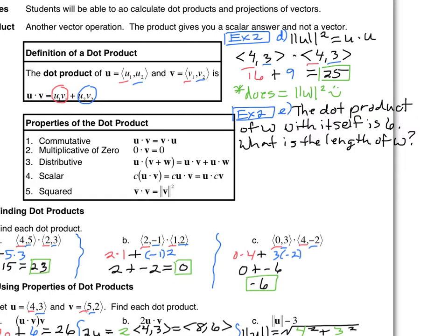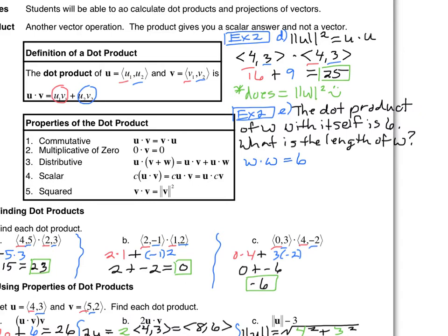So to begin this problem, we need to write an equation to represent what the problem is saying. And the problem has said the dot product of W with itself is 6. So the dot product of W with itself is equal to 6. I don't know what vector W is. I have no idea what its coordinates are. But I do know that its dot product to itself is 6.